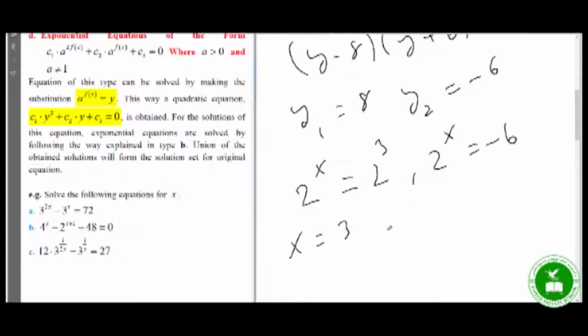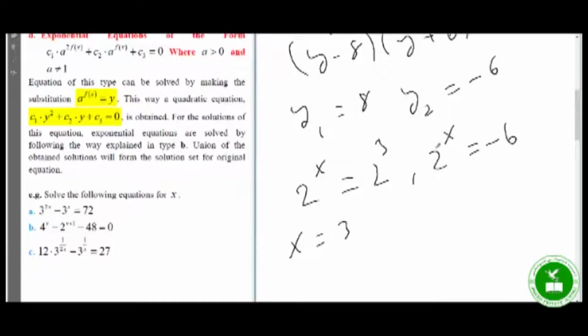But in the second case, 2 to the power of x is equal to negative 6. As we said, exponential expressions with positive bases cannot be equal to negative numbers. So for the second case, we have no solution. So this equation has only one solution, which is x equal to 3. This is the solution.